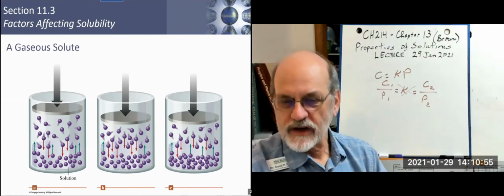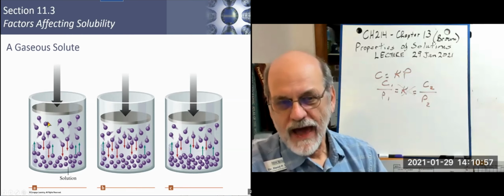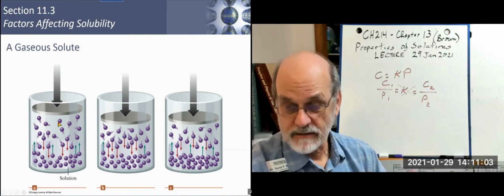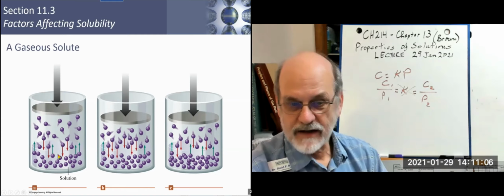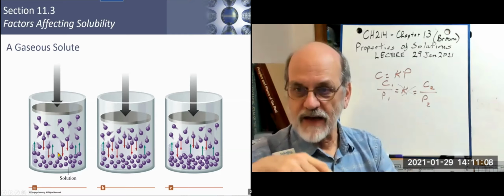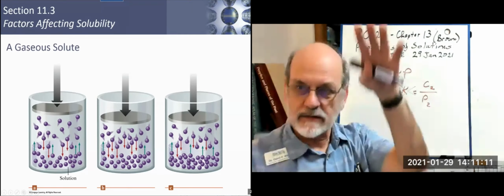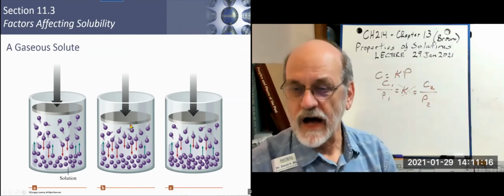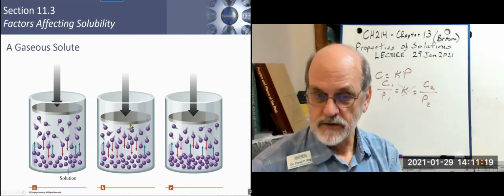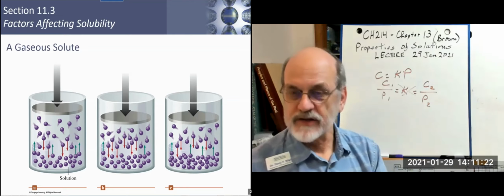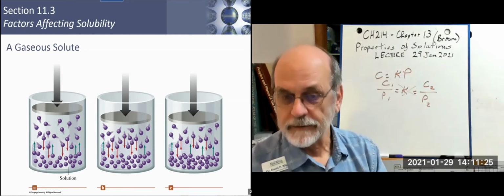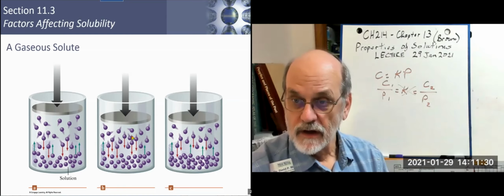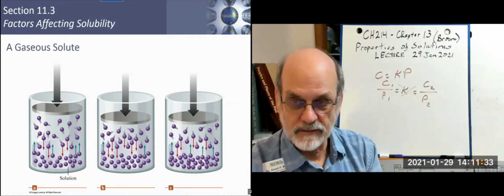So how do we explain that solubility? If you have a liquid with a gas over it, a headspace, and it's reached equilibrium, so the molecules of gas are dissolving and evaporating at the same rate, then if you decrease the volume, you add pressure. So we increase the pressure based upon Boyle's law, the pressure-volume relationship. Then you end up with the same number of gas molecules confined to a smaller volume.